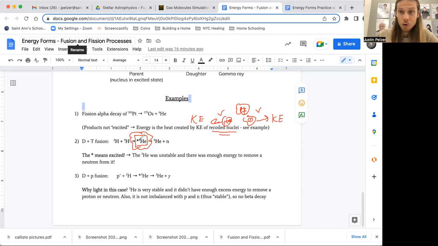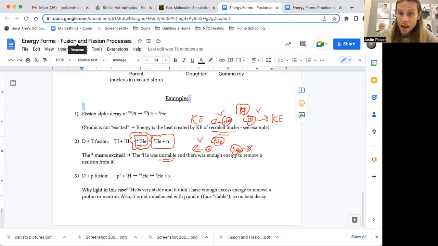That excited nucleus is unstable, and there was enough energy to remove a neutron from it, so it released into 2, once again, same idea. You start with a helium-5, and you have a neutron and a helium-4 ejected in opposite directions.